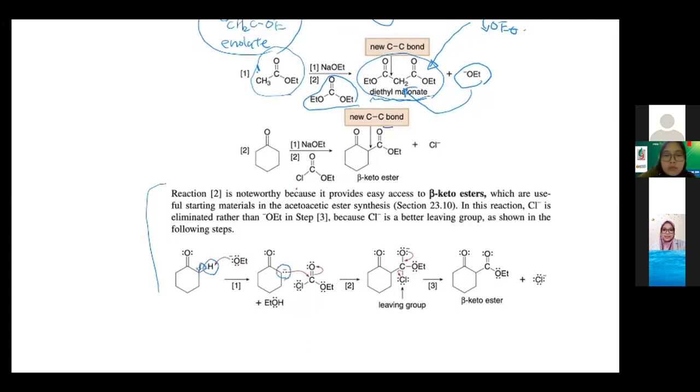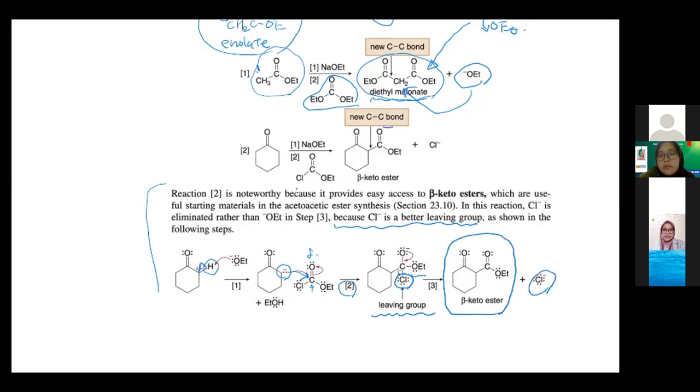This is the negative charge, and this one attacks as the nucleophile. This carbon is electron deficient, and this is the minus, and this is the nucleophilic attack. The second is the nucleophilic attack, and this is the leaving group, the chloride, a good leaving group, better than ethoxide, so the chloride is removed, and the beta keto ester was formed.